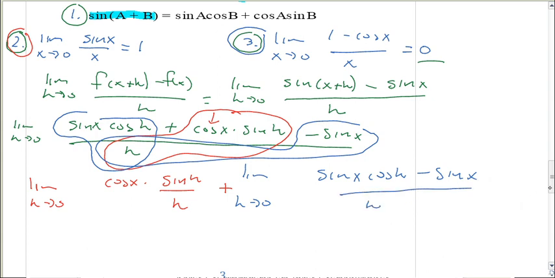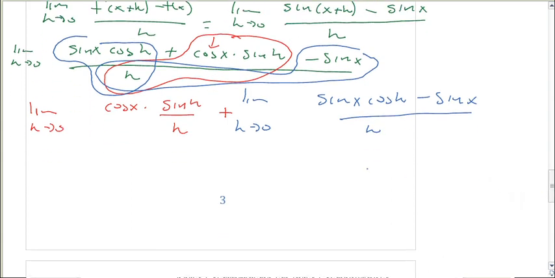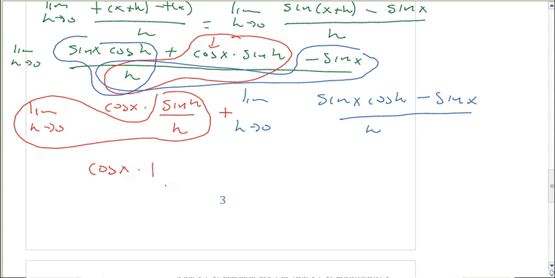Okay, that's legit. I can do that. So in red, wouldn't you agree that this piece and this piece would make 1? So you end up with cosine x times 1.